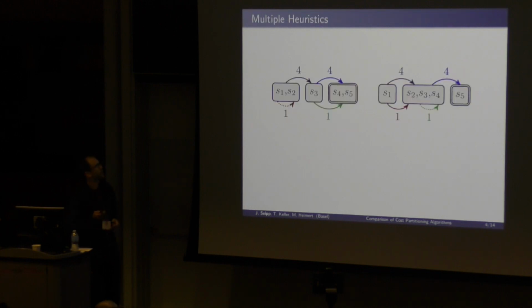One way of doing so, if we have these two abstractions, the one we saw earlier and a new one, is computing the separate estimates for S1, which are both 5 in this case, and then using the maximum over these two heuristics, which is still admissible because each individual heuristic is admissible. But this only selects the best heuristic in each state and doesn't really combine the information.